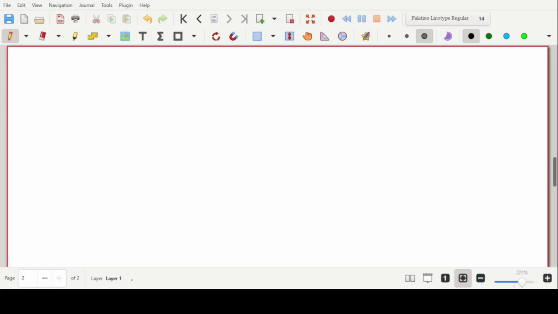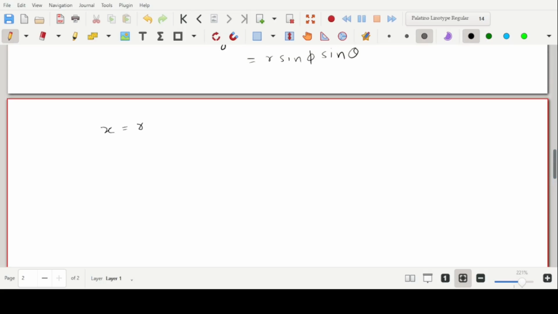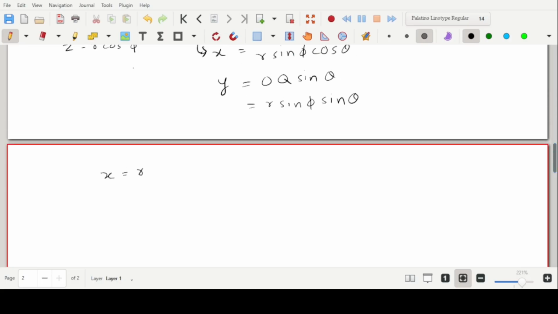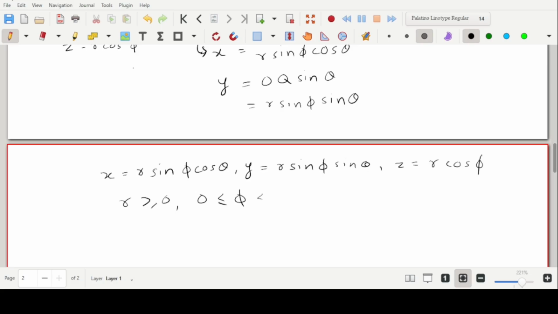So let us write once again: x is equal to r sine phi cos theta, y is equal to r sine phi sine theta, and z is equal to r cos phi, where r is greater than or equal to 0, 0 less than or equal to phi less than or equal to pi, 0 less than or equal to theta less than or equal to 2 pi.